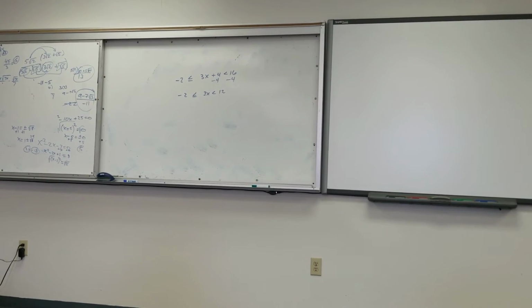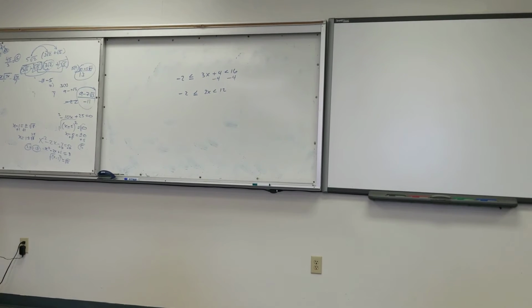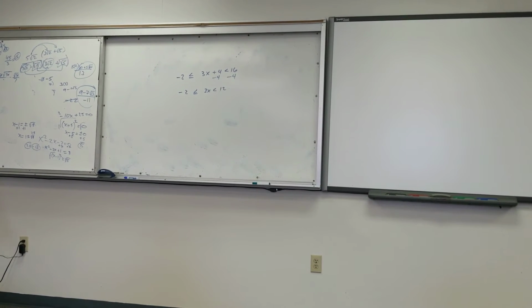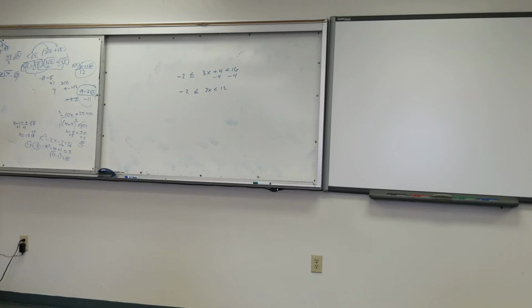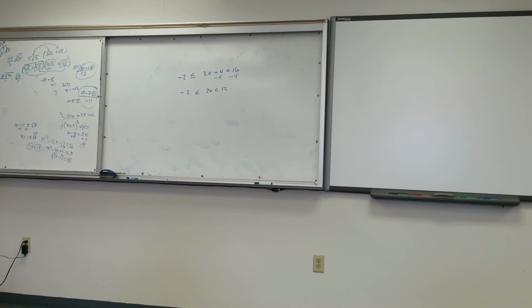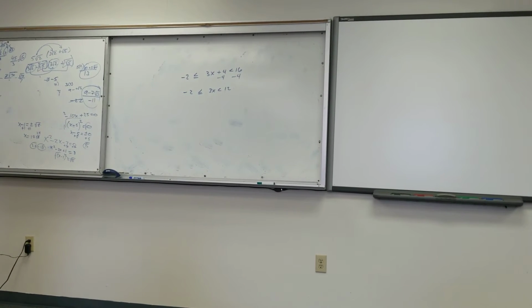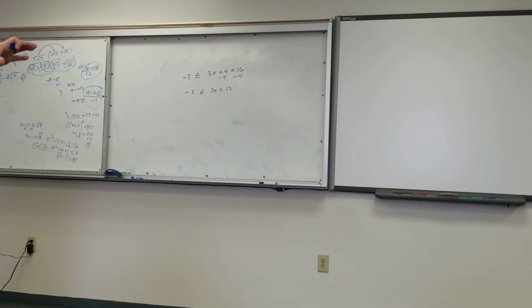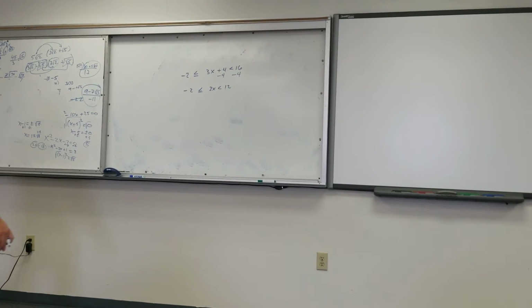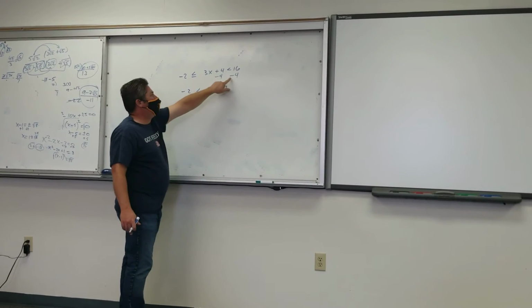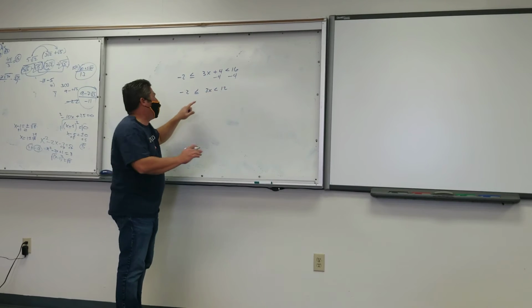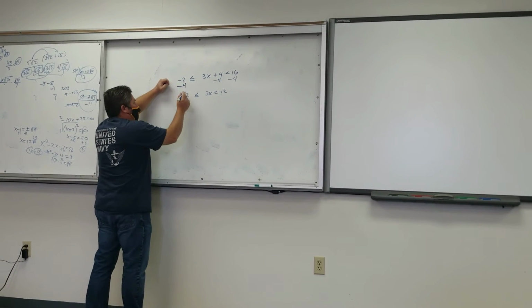I have subtracted it from the right side of the inequality, but have I subtracted it from the left side? No. It's like the compound. You have to do it to all three sides. If you do it to the middle, you have to do it to the right and the left.